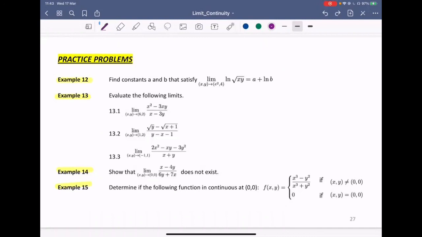We're going to define how to differentiate with respect to x and how to differentiate with respect to y, and we're going to look at the application of differentiation to find the maximum and minimum of three-dimensional surfaces, which is a little bit harder compared to limits and continuity. So that is what we are going to discuss next week.